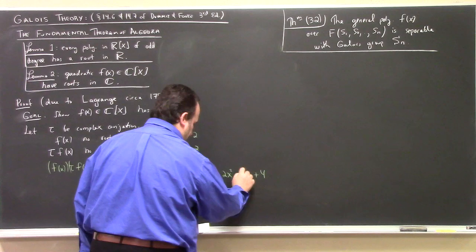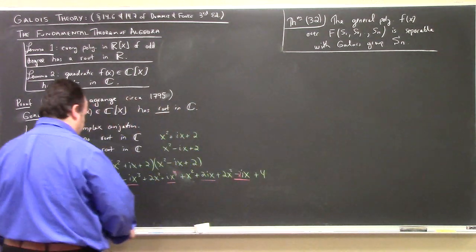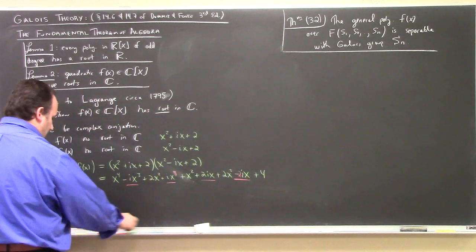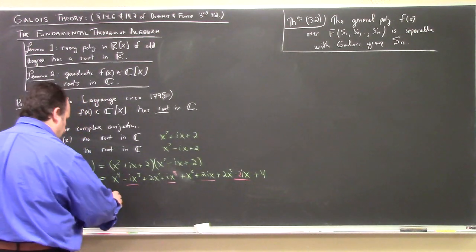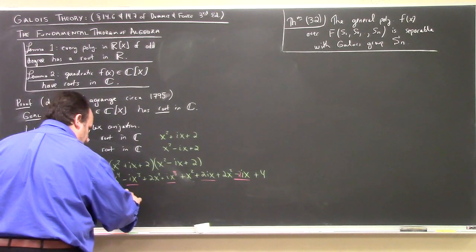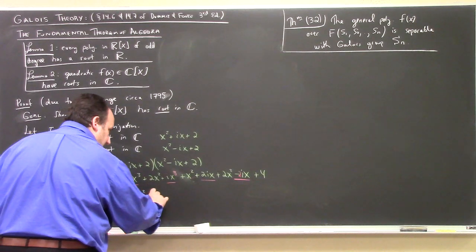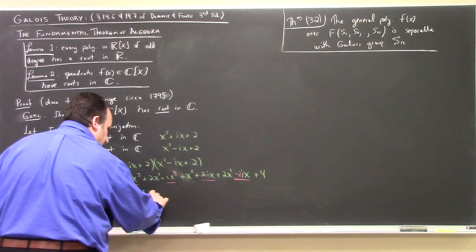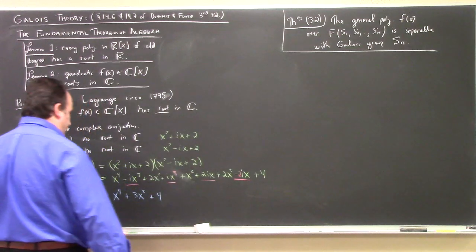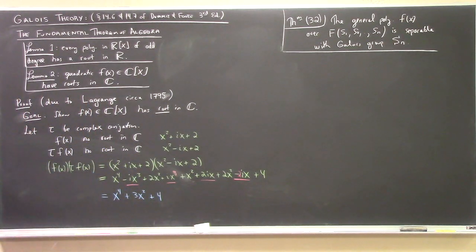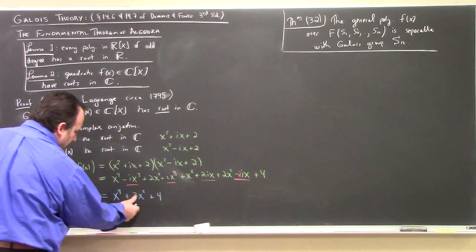I forgot the 2. My bad. So I think you have x to the 4th plus 3x squared plus 4, or it might be plus 5x squared. I'm trying to see what terms the ix doesn't hit, because when the ix terms hit each other, they cancel out. It's a 5. Yeah, it's a 5.